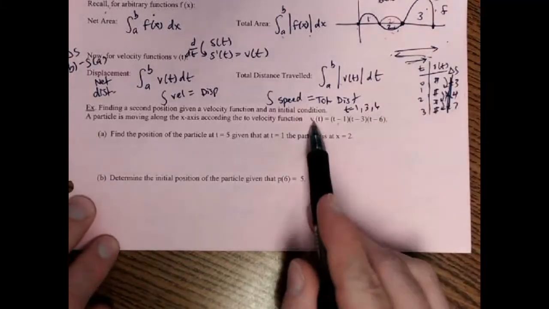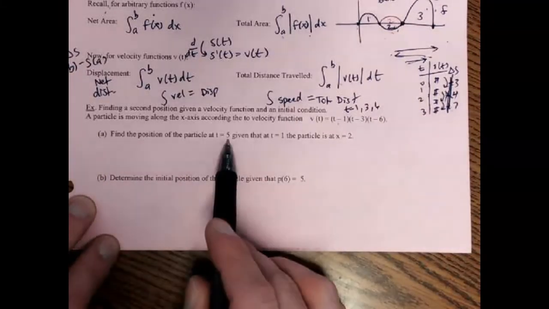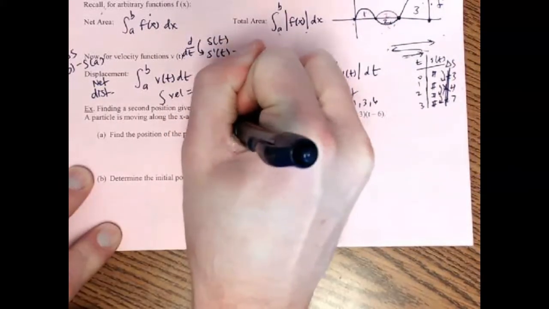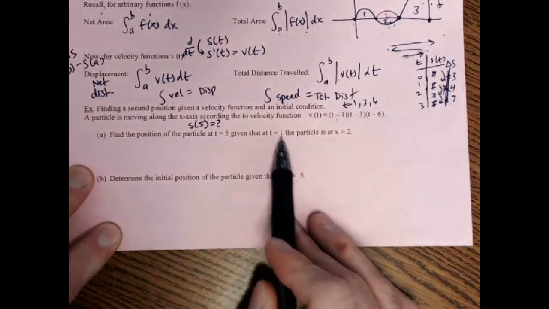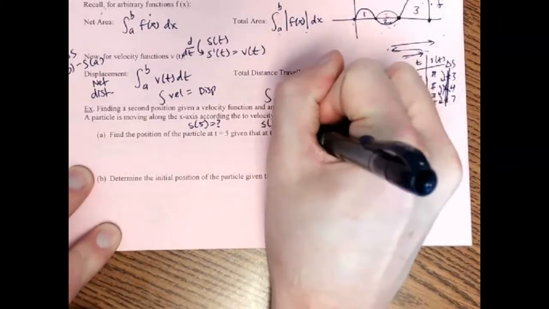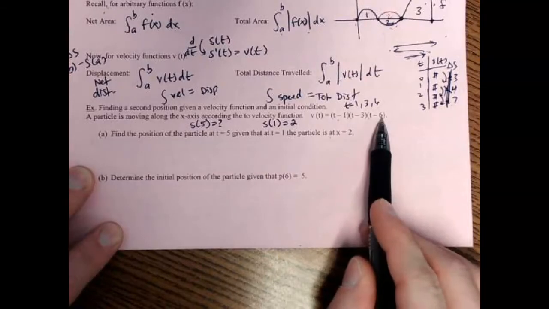I know the velocity. And then here it says find the position at time equals 5. So find S of 5. Given that at time equals 1, the particle's at 2. So I know the position at 1 is 2. So I could FOIL all this out, get the polynomial.